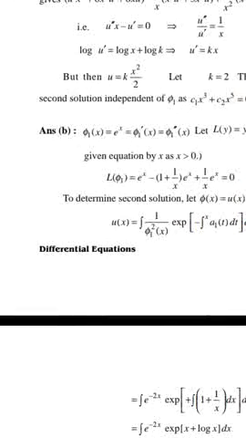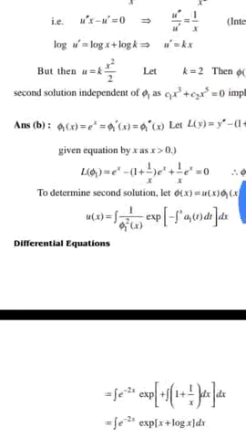To determine the second solution, let phi of x is equal to u of x phi 1 of x be a solution.